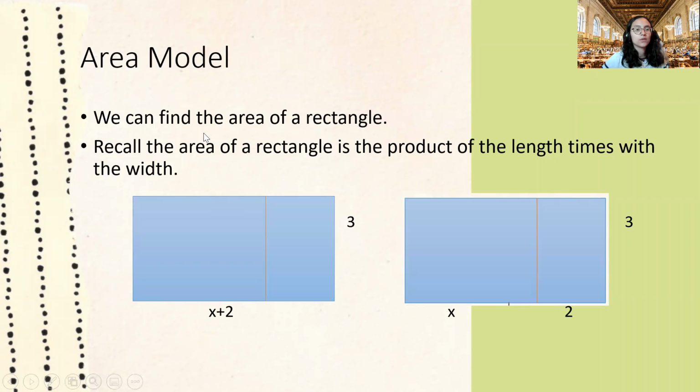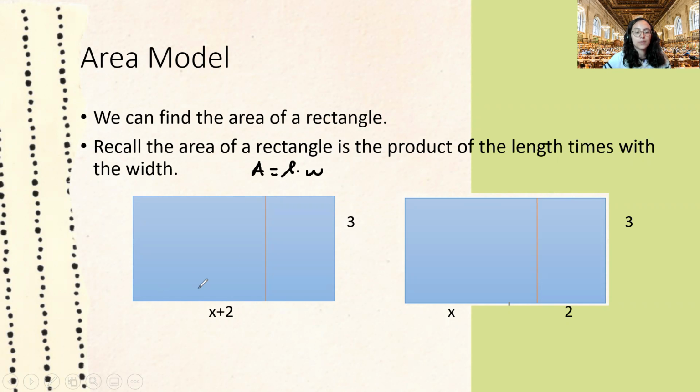And we can also apply the distributive property to what we already know about area, specifically the area of a rectangle. So if you recall, the area of a rectangle is the product of the length times the width, so length times width.